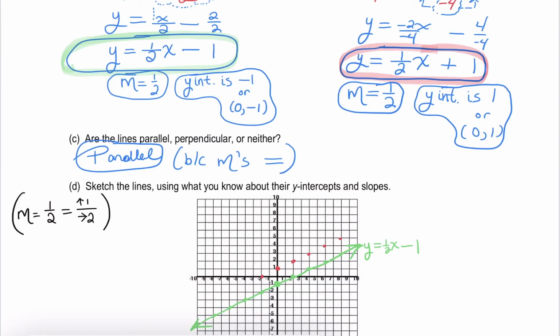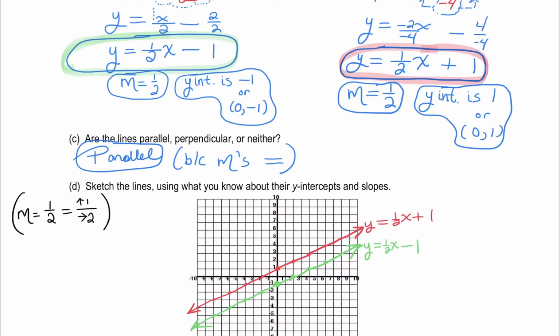Or if you're going to the left, it's down 1 and left 2. And so this is the equation of the second line, y equals a half x plus 1.